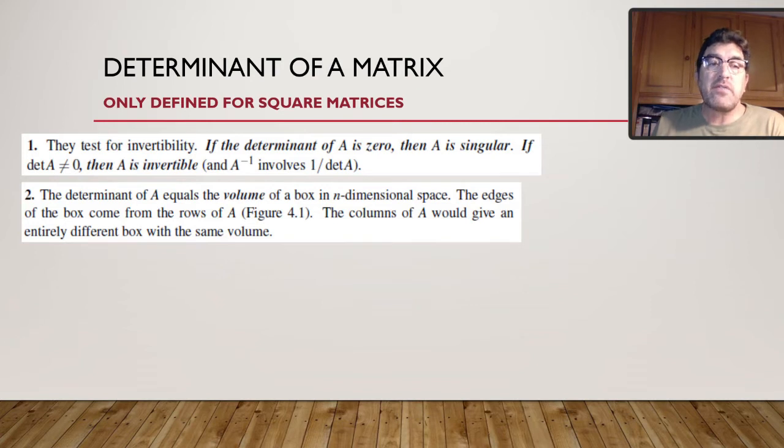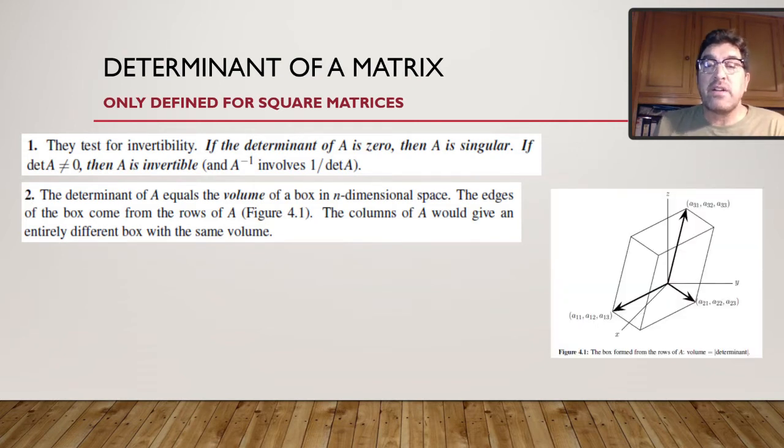The determinant of a matrix equals the volume of the box in n-dimensional space that is formed by those 3 vectors that form the matrix. The edges of the box come from the rows of A. In figure 4.1 it shows you there's row 1 with entries 1 1, 1 2 and 1 3.